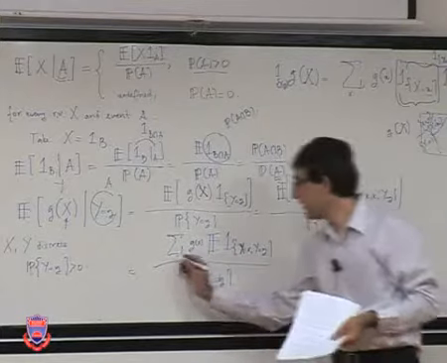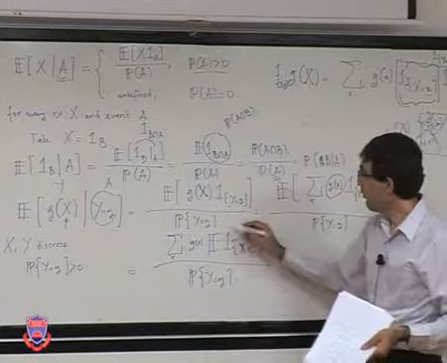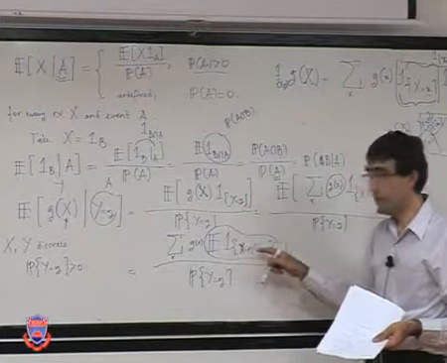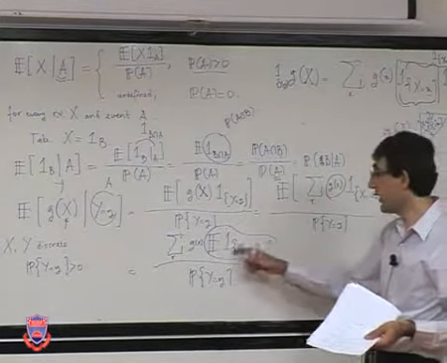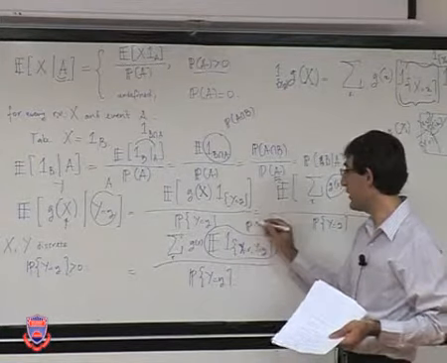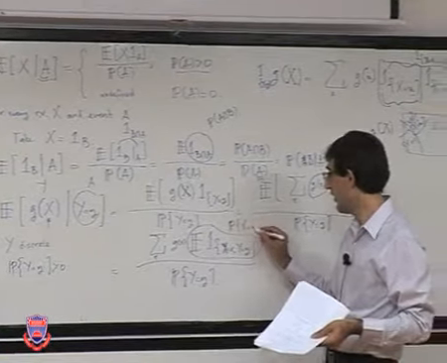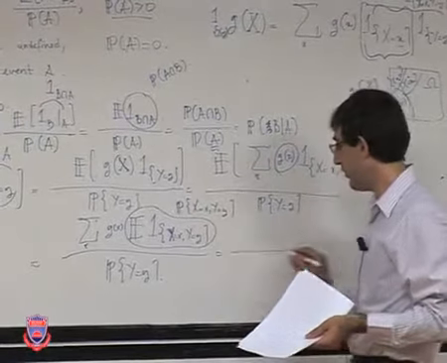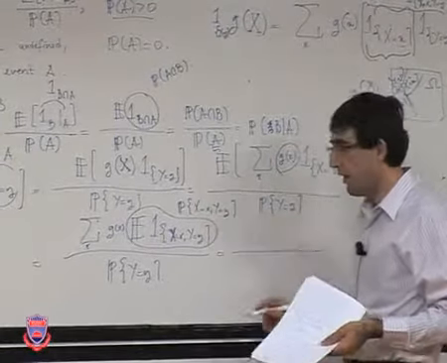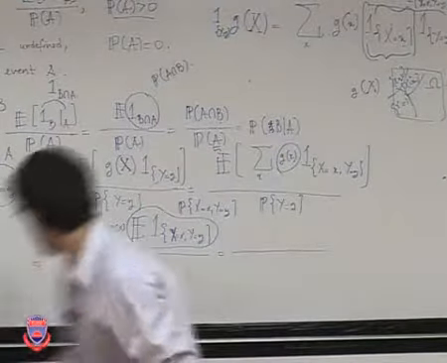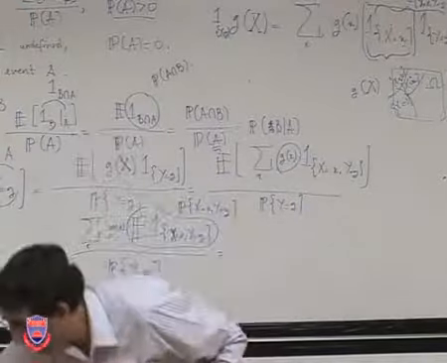This is like a sum again. But now, what is this? Again, we are dealing with the expected value of an indicator random variable, or well, a Bernoulli random variable. And it equals its success probability, which is, of course, this. And therefore, what do you have? We can just write it in a more familiar version.